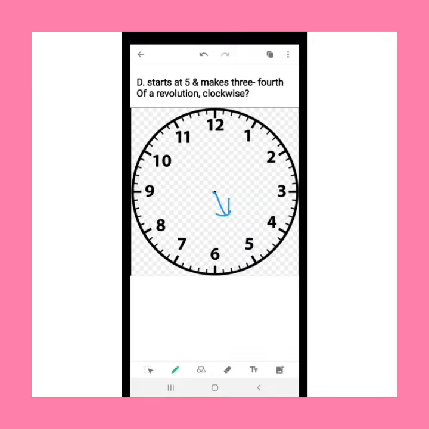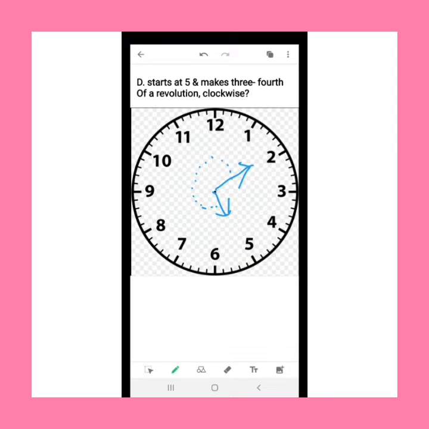Then opposite to 5, you can see, it is 11, that is half. 3/4 is reaching up to 2. Starting from 5 it is moving like this and reaching up to 2.